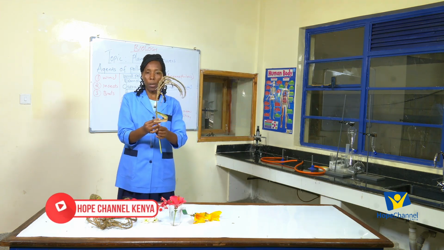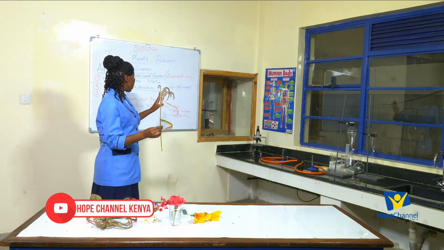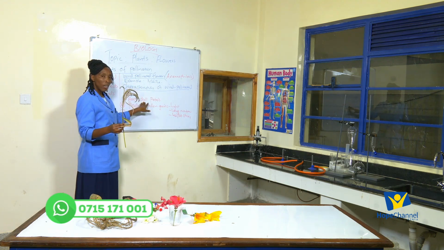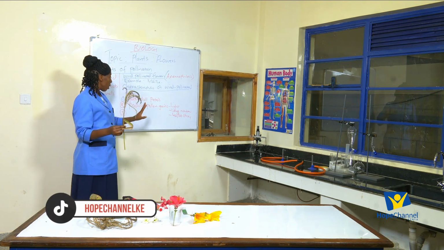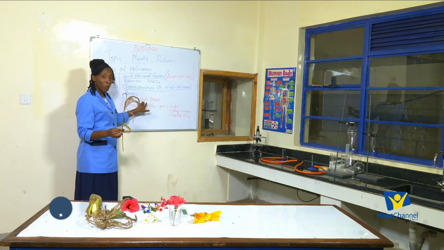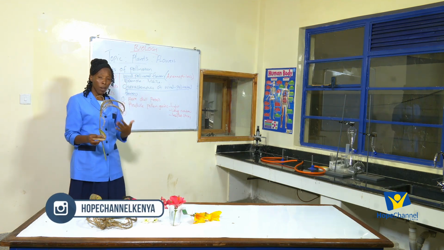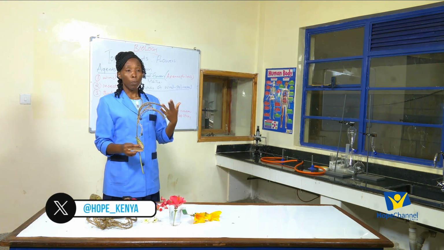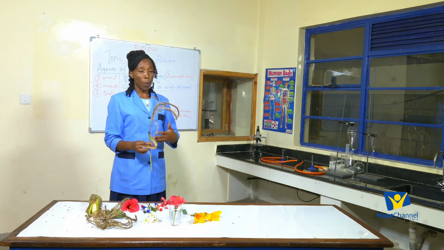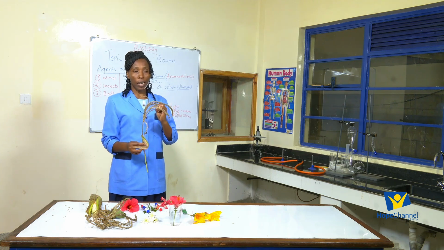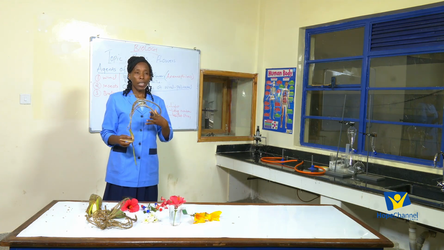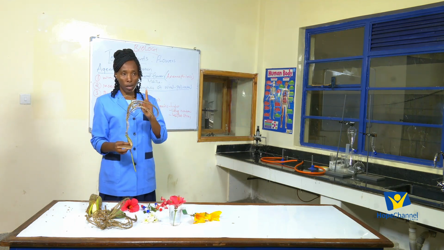So basically we are saying on wind-pollinated flowers, yes, the petals are dull. They may not attract the agents of pollination, but they have developed their own mechanism of pollination, whereby we have said the pollen grains are very small, they are light, and they are produced in large numbers.